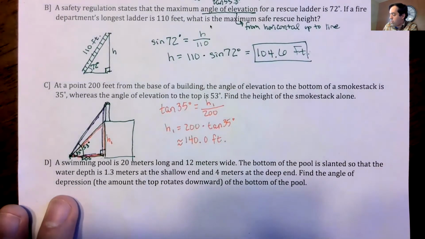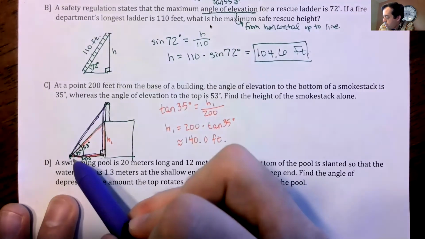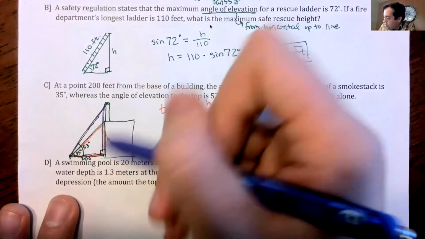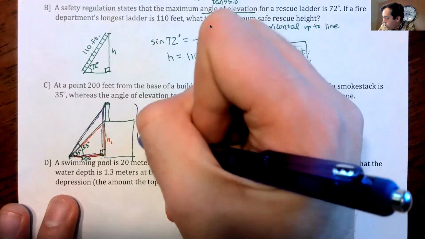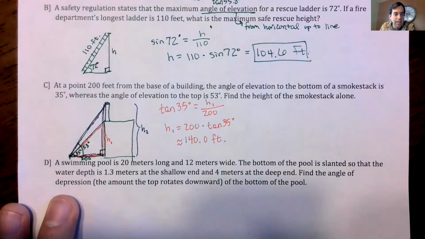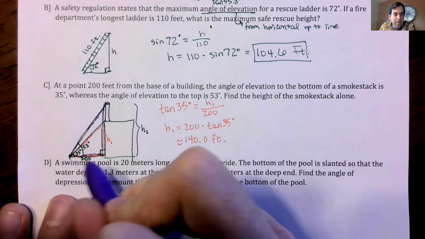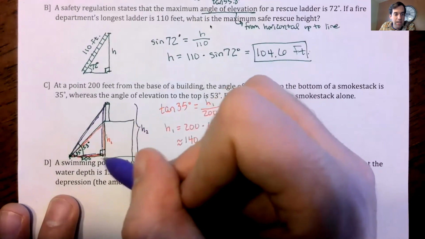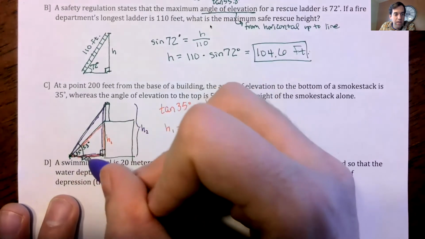And I'll switch to purple for the other part. And we have the angle 53 degrees, and we're interested in this extended side, which I'm going to call H2, the whole height. And we still have that same 200 as our base of our triangle. So that's going to be tangent again, because we have opposite and adjacent to the 53 degrees.